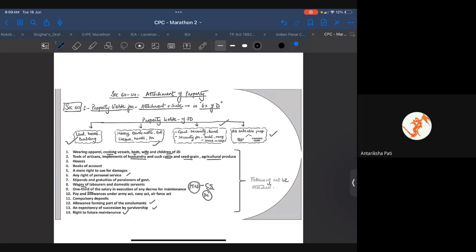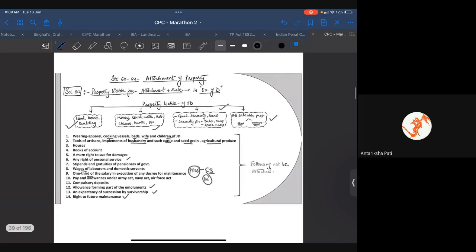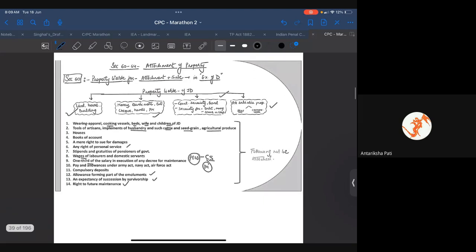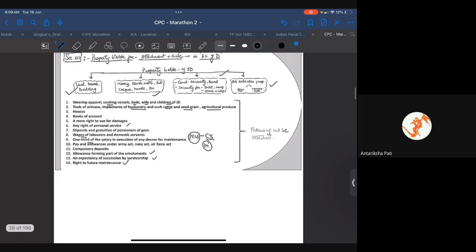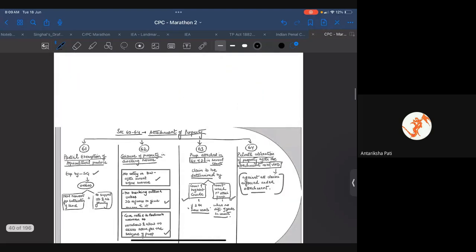Now, salary also cannot be attached up to the extent of one third in execution of a decree of maintenance. Now, pay and allowances under the Army, Navy, or Air Force Act, compulsory deposits, allowance forming part of emoluments, expectancy of succession by survivorship, right to future maintenance, all of these cannot be attached. Now, sections 60 to 64 deal with attachment of property.